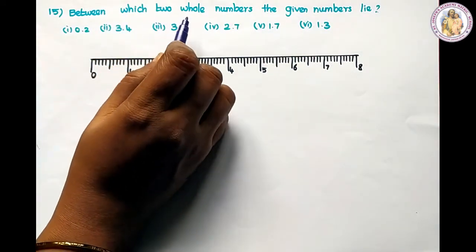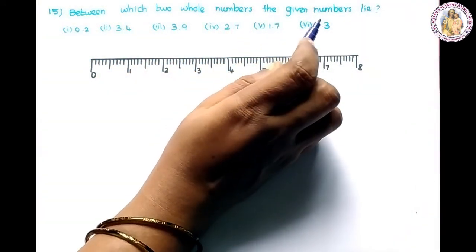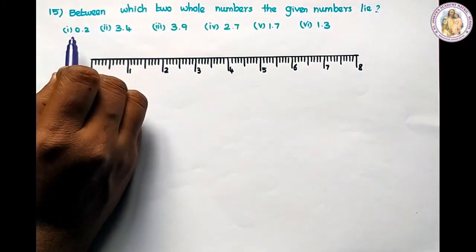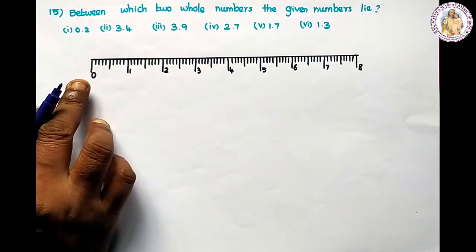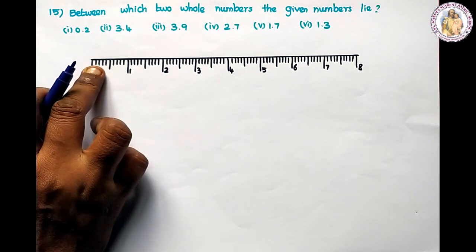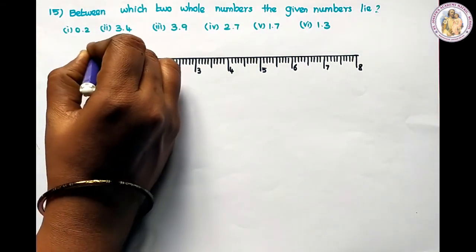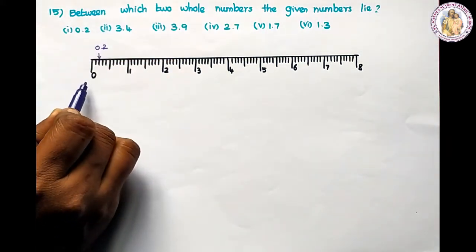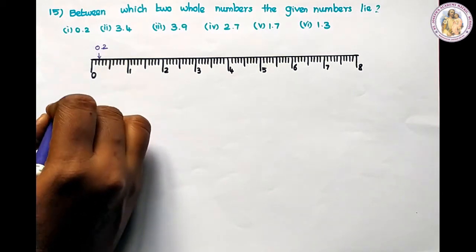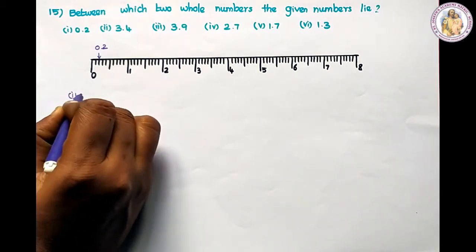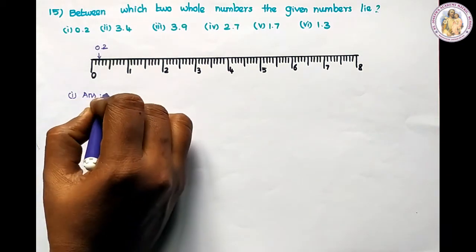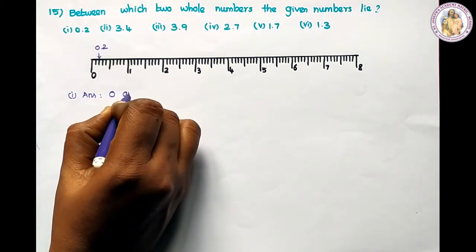15th sum. Between which two whole numbers do the given numbers lie? Listen, 0.2. So 0.1, 0.2. Here 0.2 lies in between 0 and 1. So first answer 0 and 1.